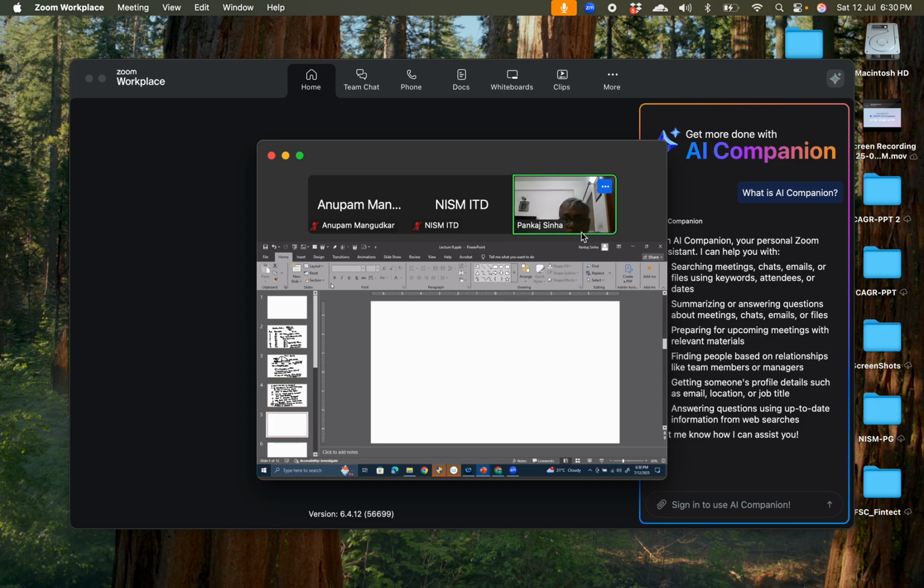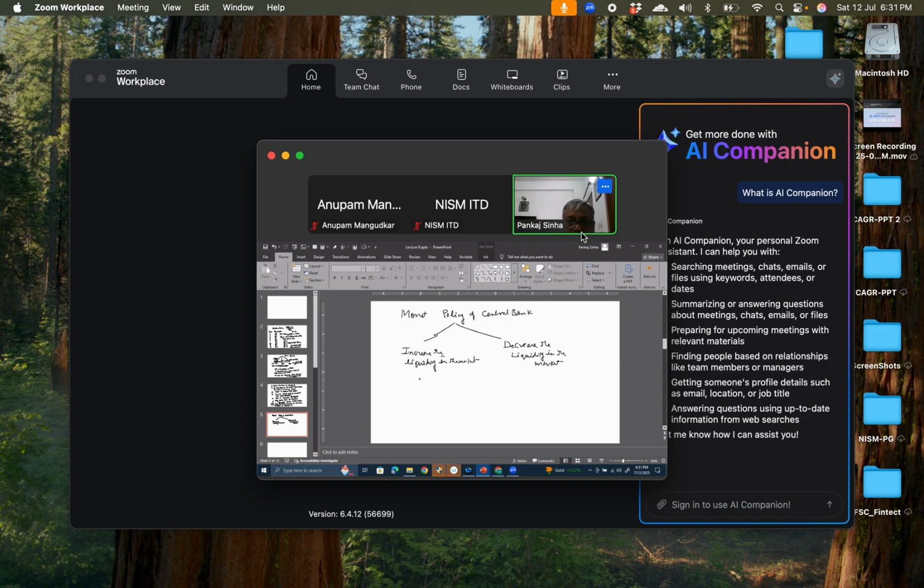So what is the monetary policy? What does monetary policy do? The monetary policy of any country or central bank either increases the liquidity in the market or decreases the liquidity in the market.